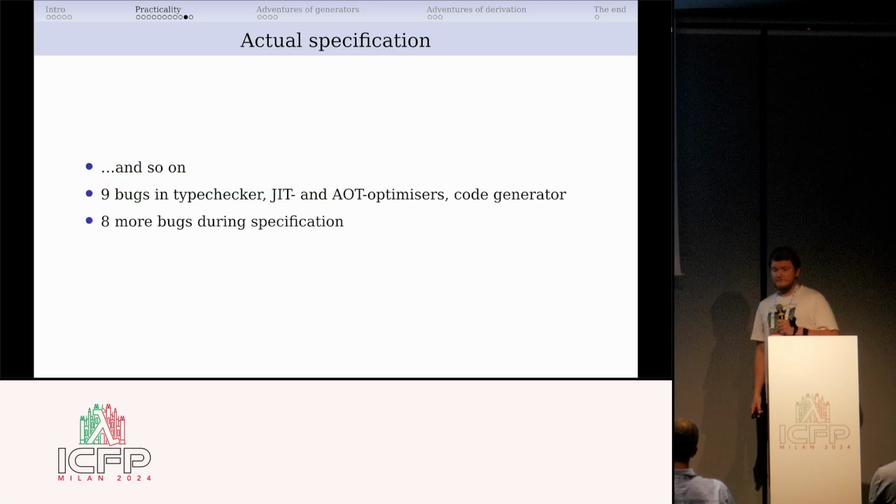Okay. Finally, we found quite a lot of bugs in different parts of the system. It was not only optimizers and crashes, but also some bugs in the code generator and typechecker. And we even found some bugs just while producing the specification.